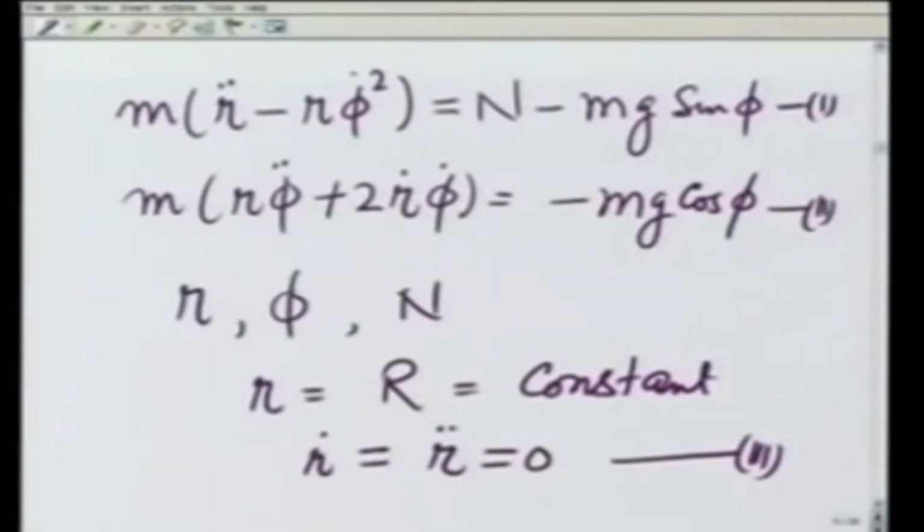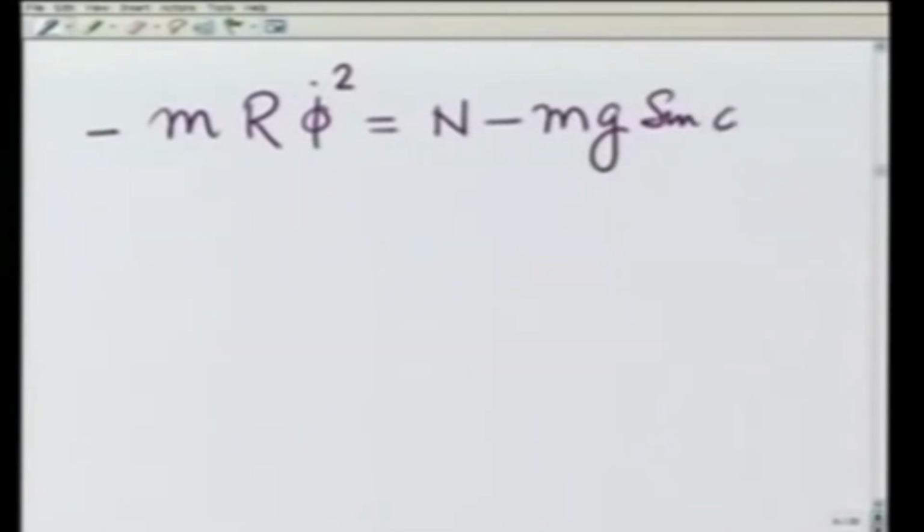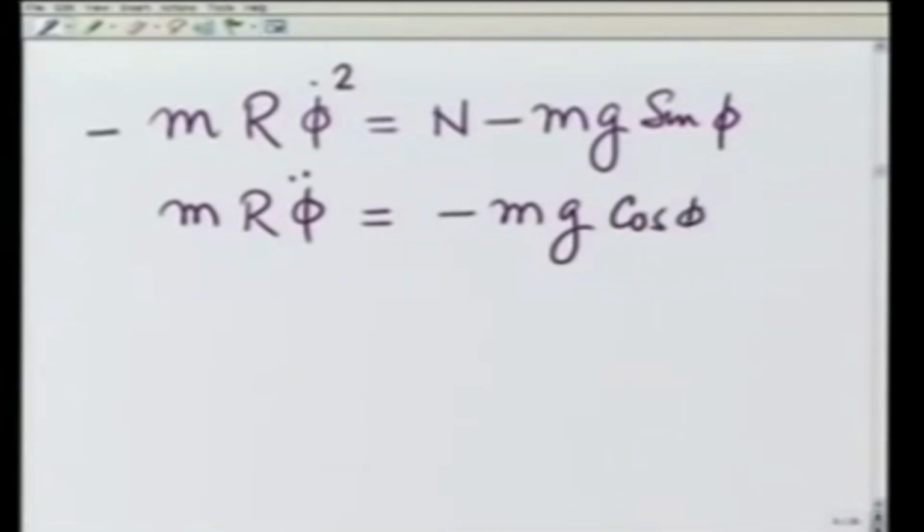So now I am going to substitute the third equation in number 1 and number 2 and solve the resulting equations to get my answers. When I do that, I get minus m R phi dot square is equal to N minus mg sine of phi, and the other equation comes out to be m R phi double dot is equal to minus mg cosine of phi.